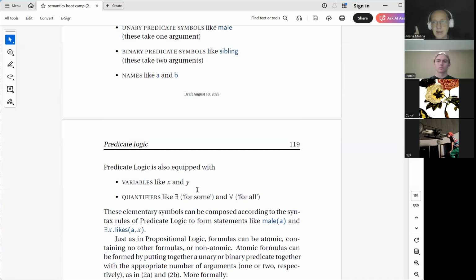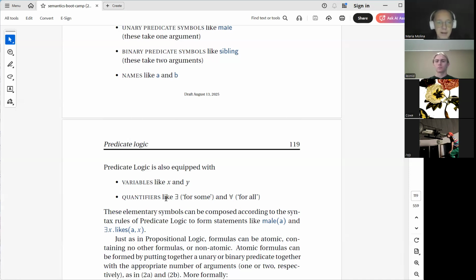A variable is the same as Alex likes someone, I do not know who. It is the whole set of people that Alex likes. So, anyone. And this is a variable.